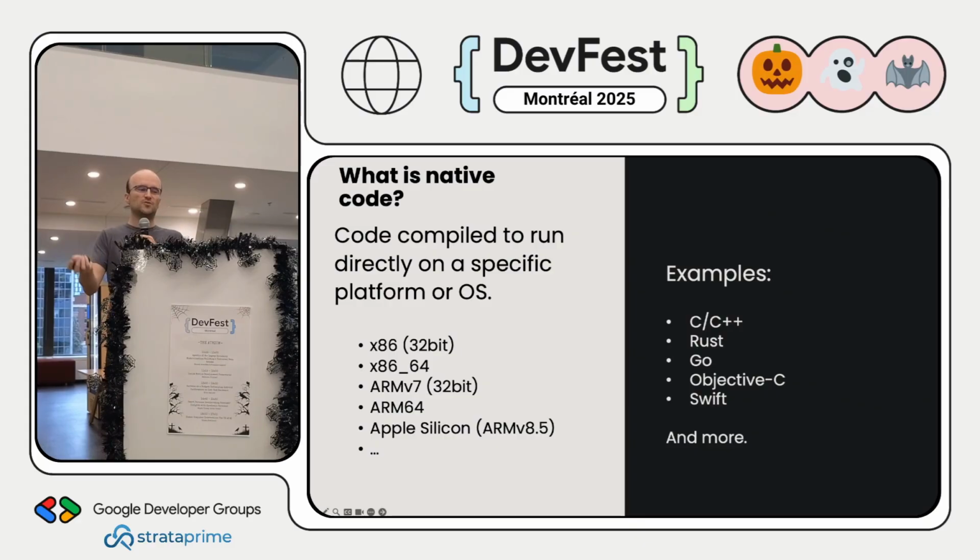specific platform or operating system. So for example, C++ is the most known native code out there, and then you compile it to either x86 or ARM64, Apple Silicon, whichever you need.